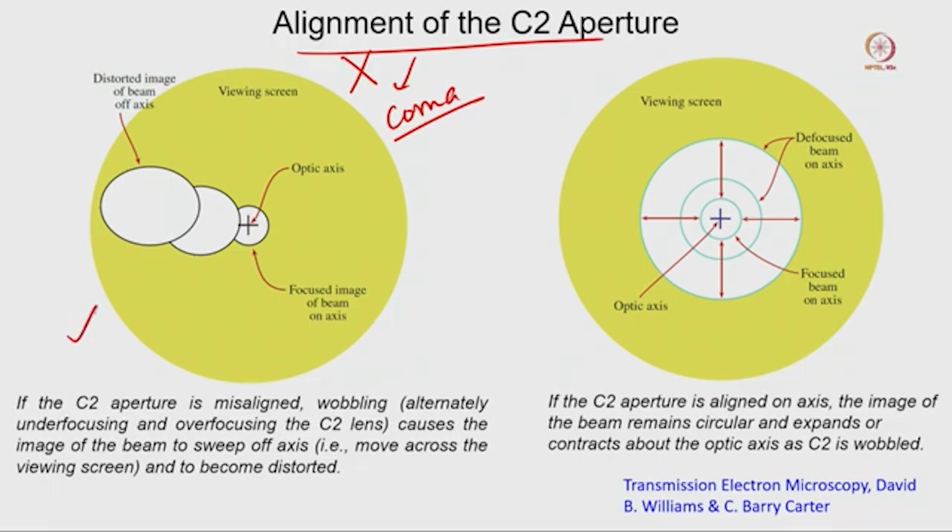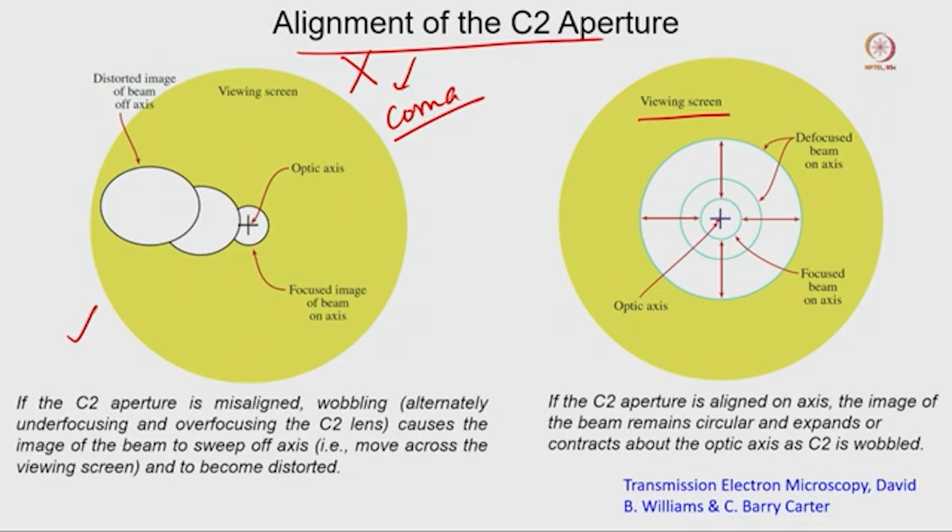But in the actual scenario, you have a circular viewing screen in the microscope room, and if you look at that, there will be a center point where there is a cross mark, and there will be a couple of circles, and this white is your electron beam. You can see if all the alignments are correct, you can see a circular ring, and your optical axis will be here. That is basically what we are expecting.